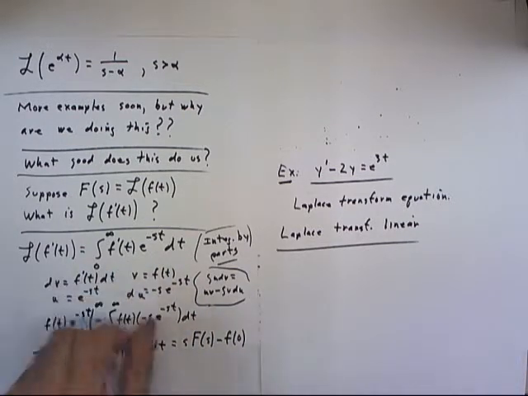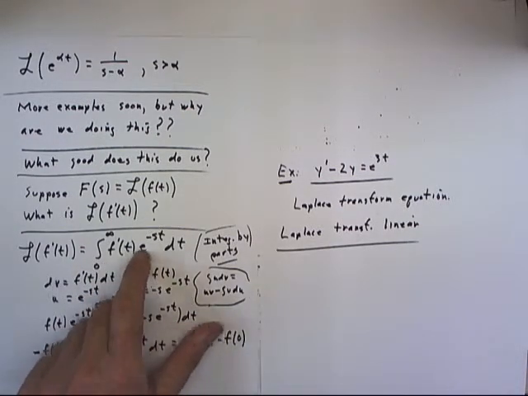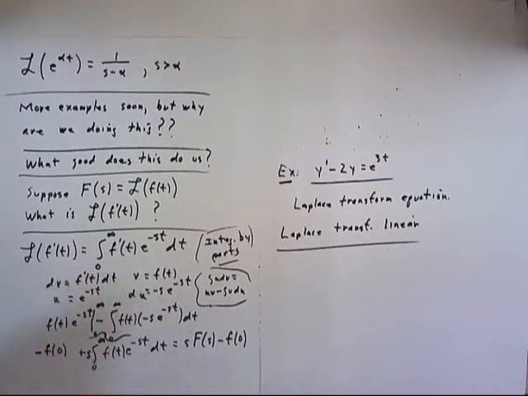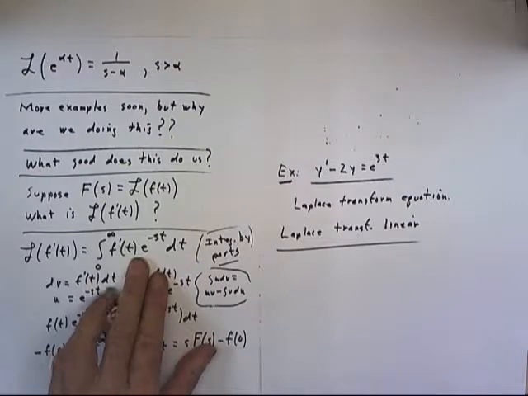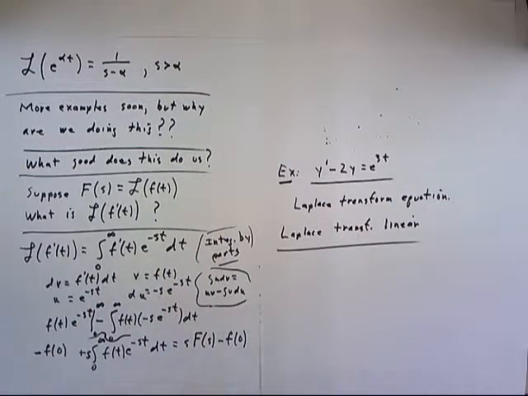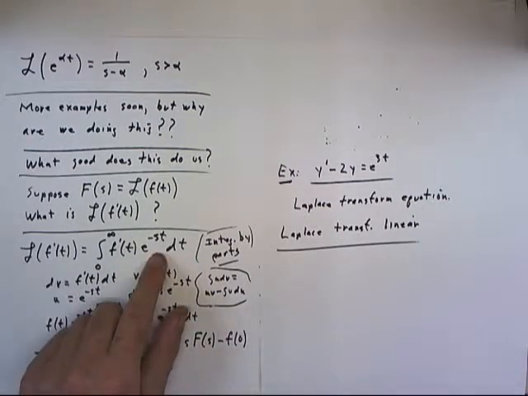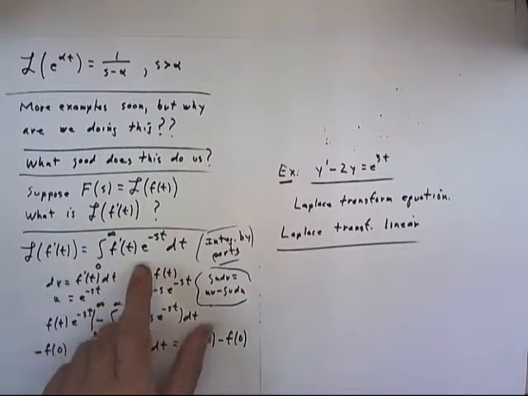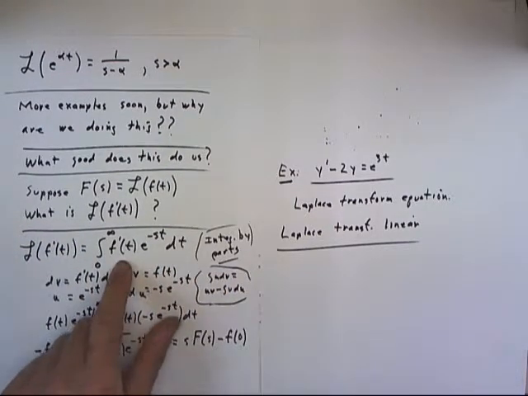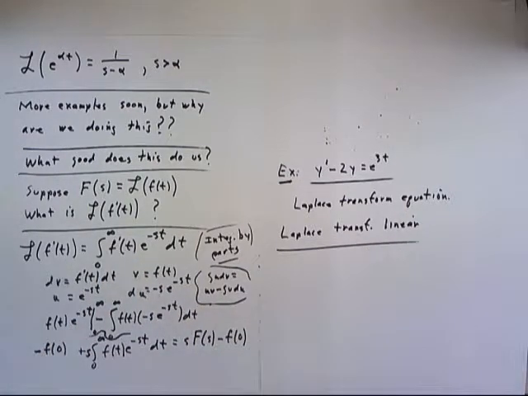If we were to integrate a function f plus g times e to the negative st, that would be the function f multiplied by e to the negative st integrated plus the integral of g of t times e to the negative st. And if we've got constants, the constants just come out. Everything is nice and linear. So the linearity properties of the integral implies the linearity property of the Laplace transform.